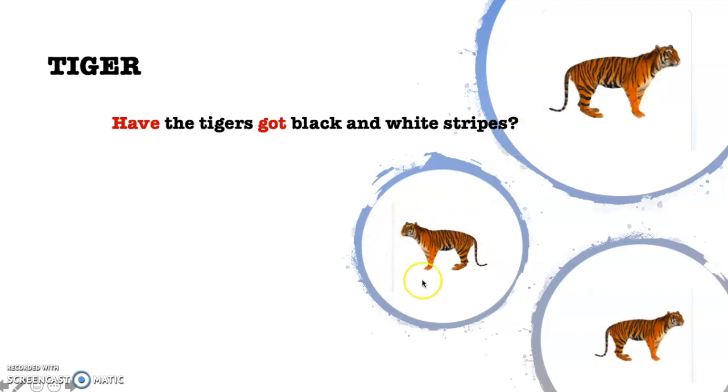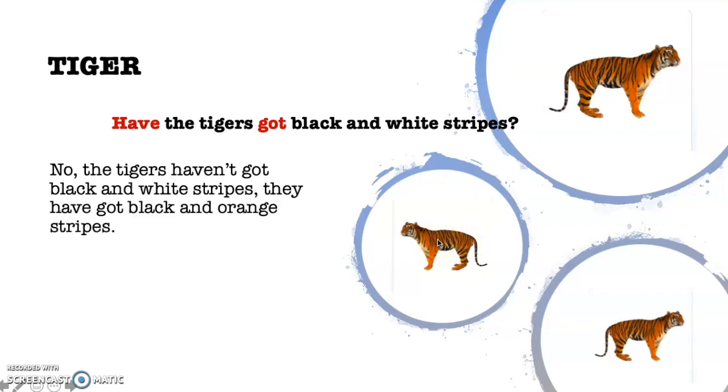What do you think? Are these beautiful stripes black and white? No, the tigers haven't got black and white stripes. They have got black and orange stripes. Or no, they haven't. Both answers are okay.